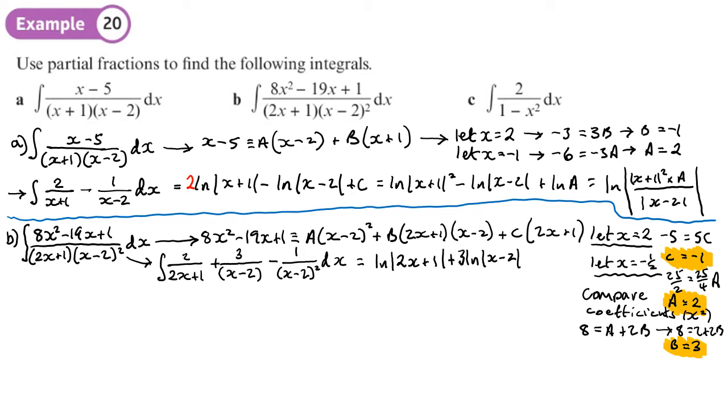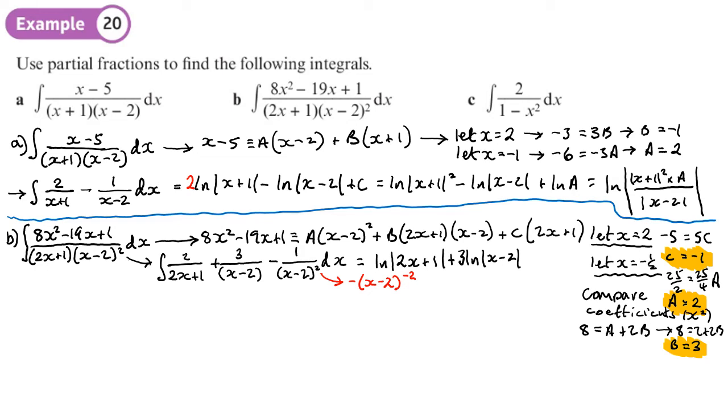For the last term, it's not trying log of anything. Remember, you move it to the top, so we're actually going to write this and think of it as negative x minus 2 to the power negative 2, and use the reverse chain rule. That means integrating the outside, so that's adding 1 to the power and dividing by the new power. Now I may need to change this sign here, so I'm going to take that out for a minute.